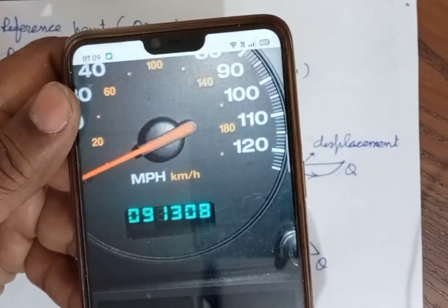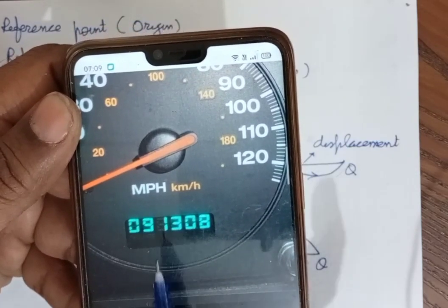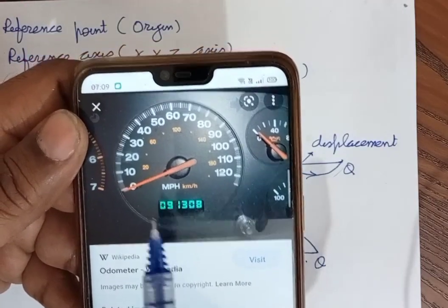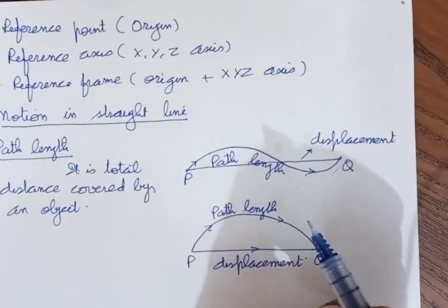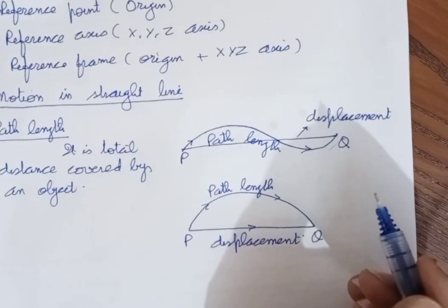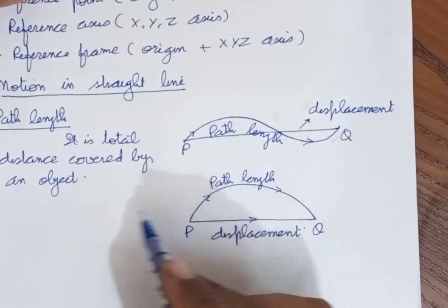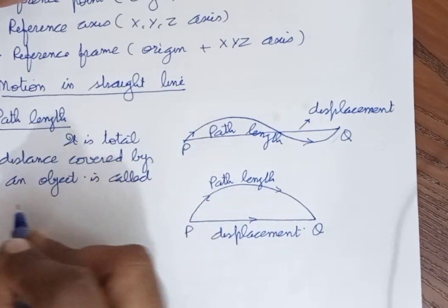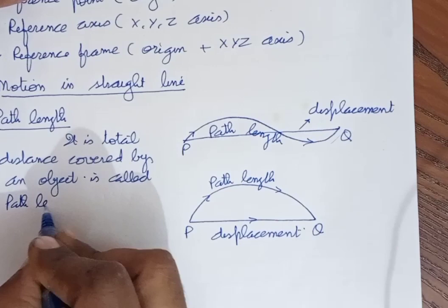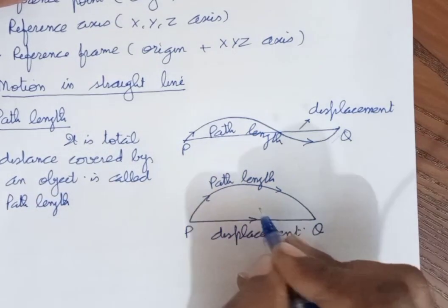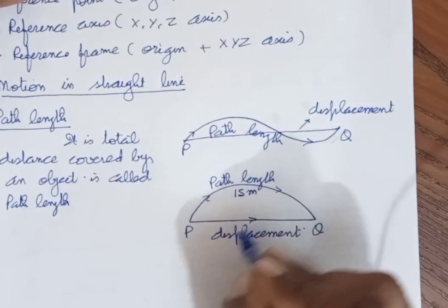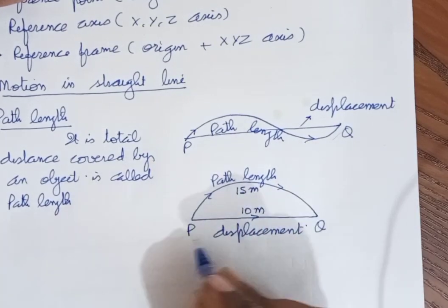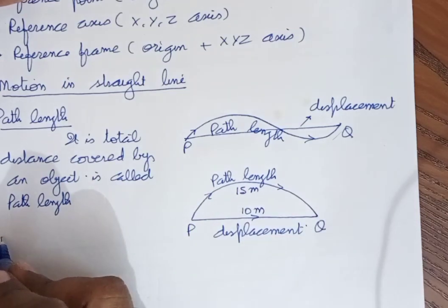However, this is the total distance covered. So whenever you are moving, it keeps on increasing. It never decreases. So this is odometer. This is speedometer. Okay. So total distance covered by an object is called path length. For example, this total length is 15 meter. However, the shortcut length is only 10 meter. So this is displacement. Displacement is what?